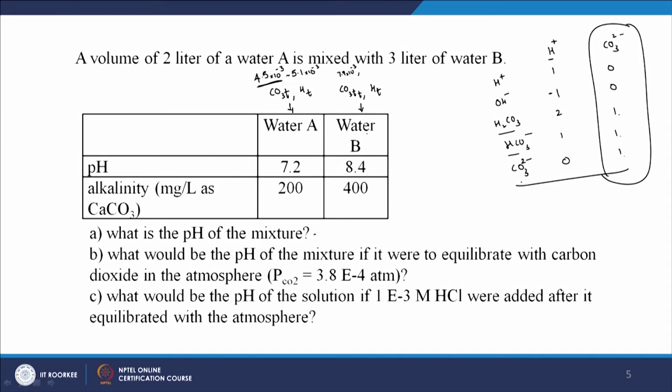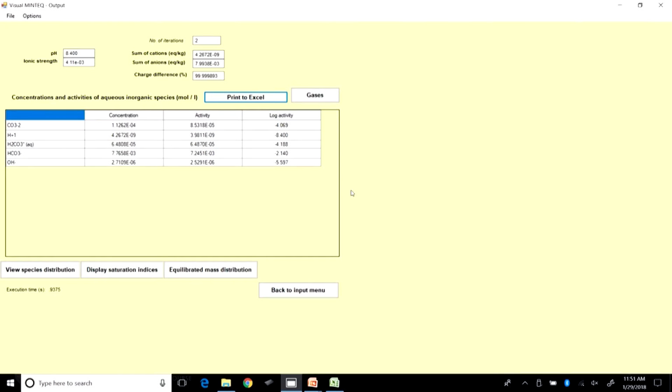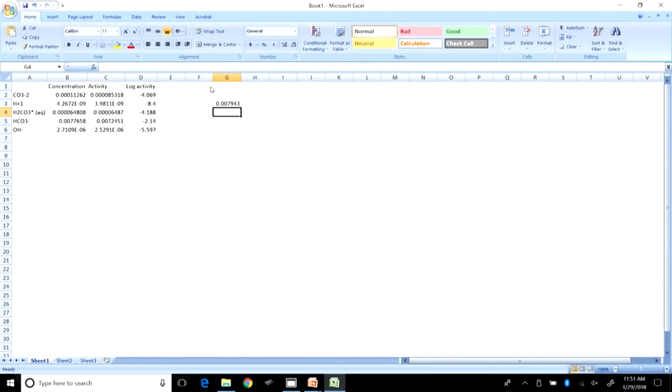which is B. And let us again go back, and what else were we considering? I believe we need to go back to Excel, and same case as earlier, we need to calculate the H total, and that is equal to H plus 2 times into H2CO3 plus HCO3 minus, and what are we missing? Minus OH minus, right.